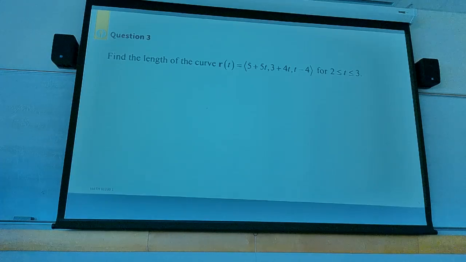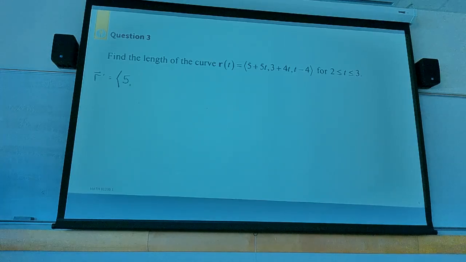So length of the curve. We're going to be integrating the length of r prime. So let's go ahead and find the length of r prime. R prime.